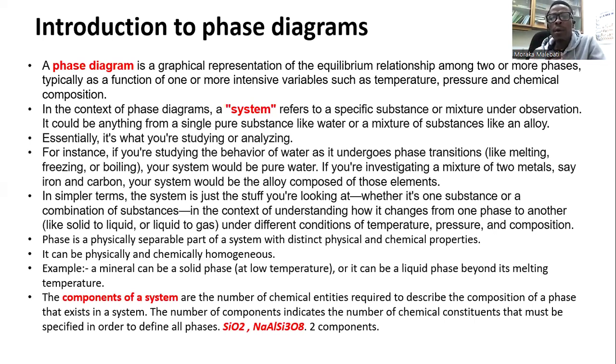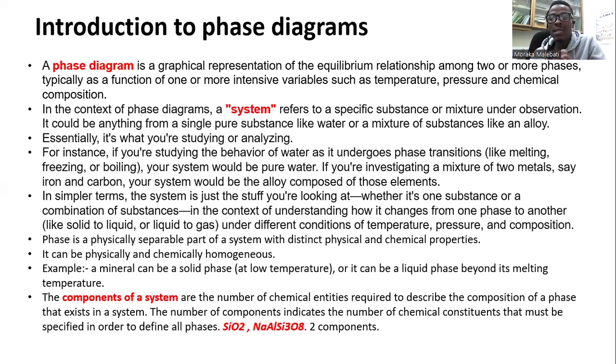Now, in the phase diagram, we also have what you call a system. A system is just a mixture under observation. For example, if we're talking about albite and anorthite, then the system will be the albite-anorthite system. The component is just the number of chemical entities required to describe the composition of a phase that exists in a system.